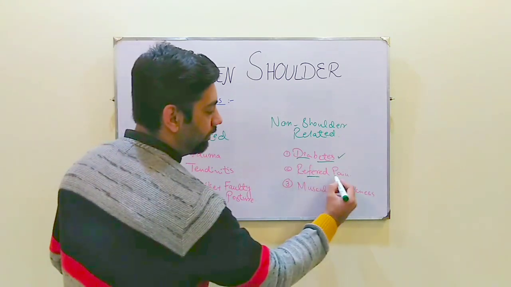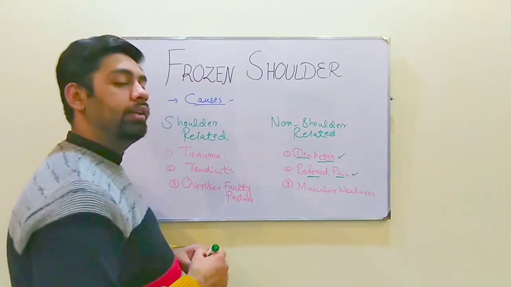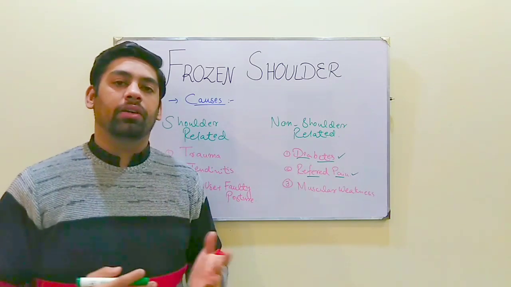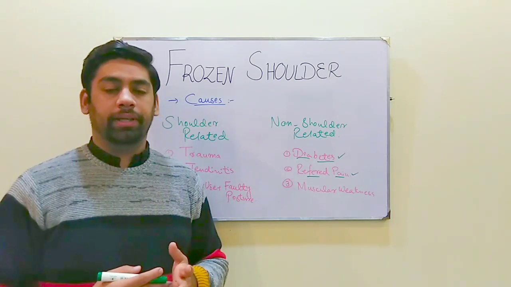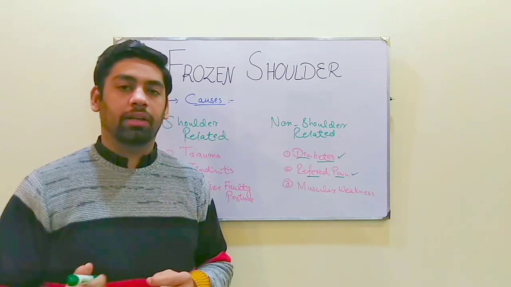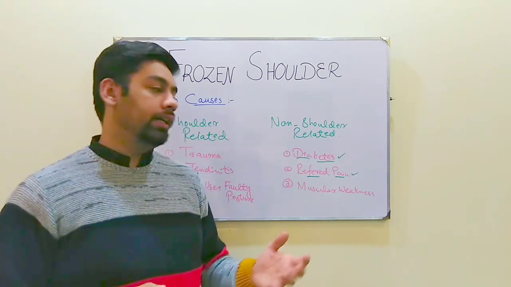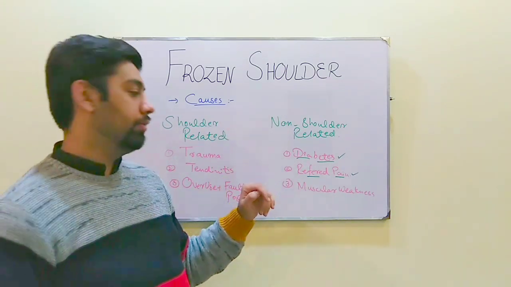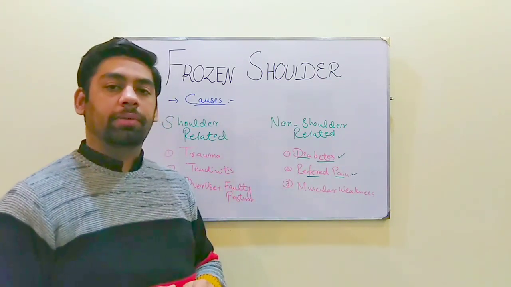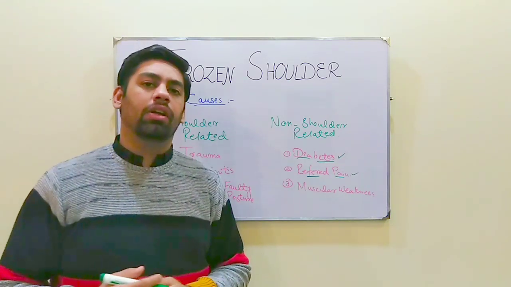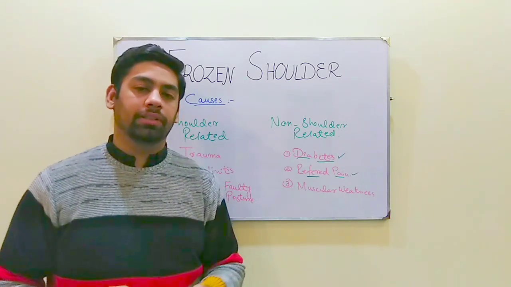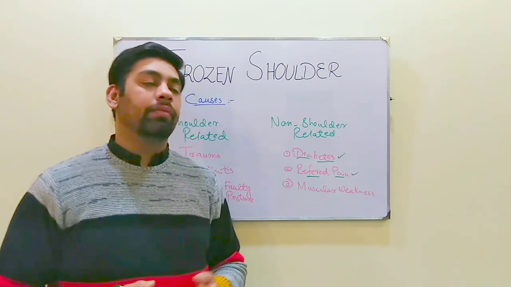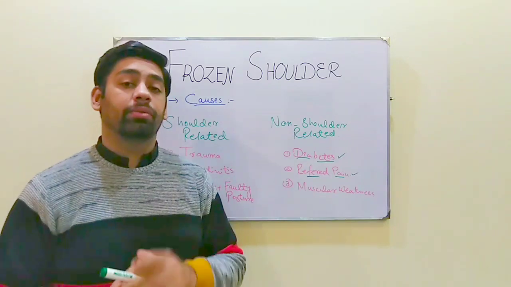Talking about the referred pain, any pain due to referred pain means that the original source of pain is something somewhere else in the body, but its pain is presented at the site of the shoulder. So this can also lead to development of the frozen shoulder. And then there is muscular weakness, weak musculature, or inability of muscles to perform the required functional activities. There is the decreased use of arm, which can further lead to the development of the frozen shoulder.